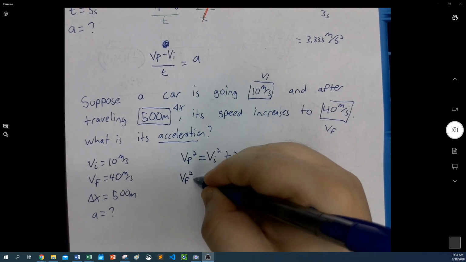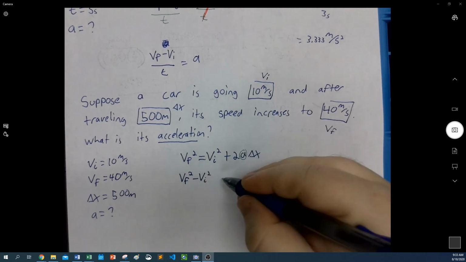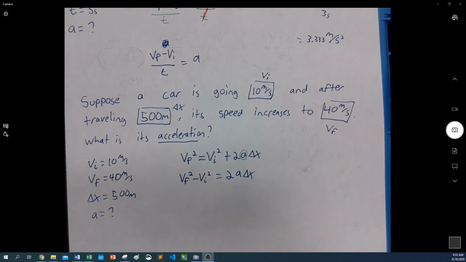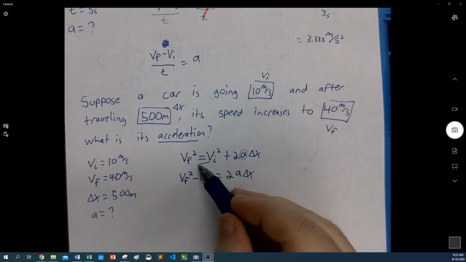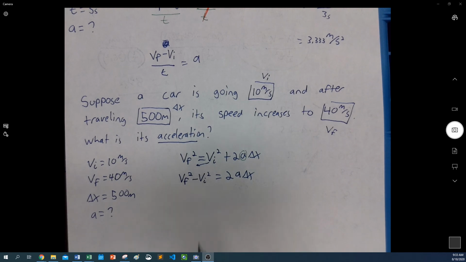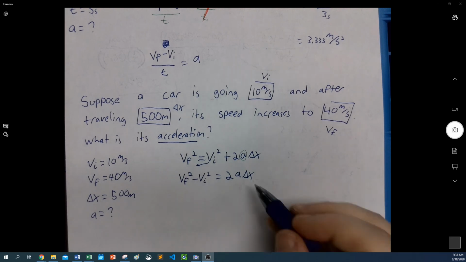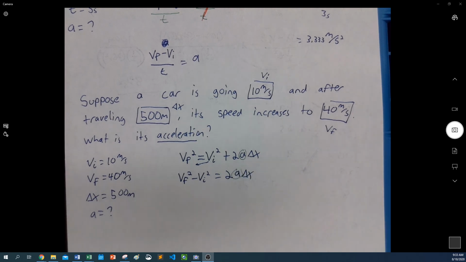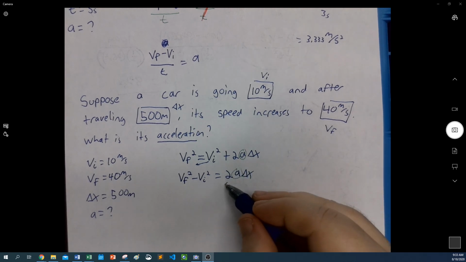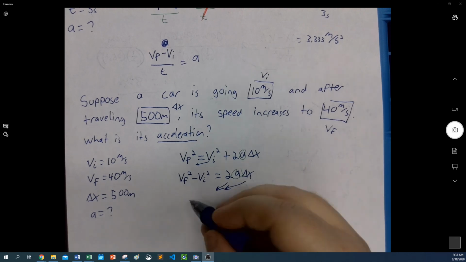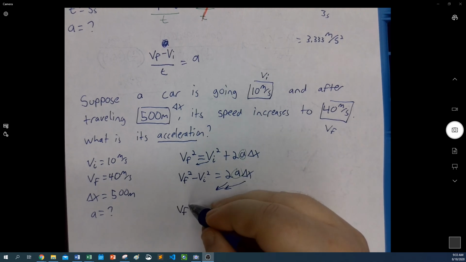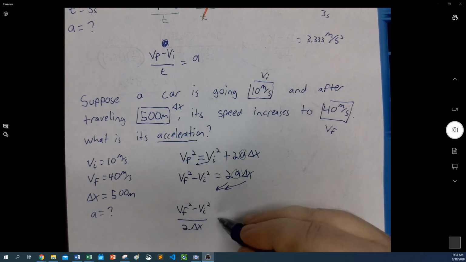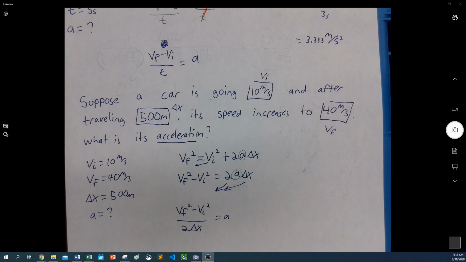So VF squared minus VI squared equal to 2A times delta X. I moved this to that side of the equation. I'm still looking for A. So I need to get rid of the 2 and the delta X. So to move this over here, I would divide by 2 delta X to give you the acceleration.